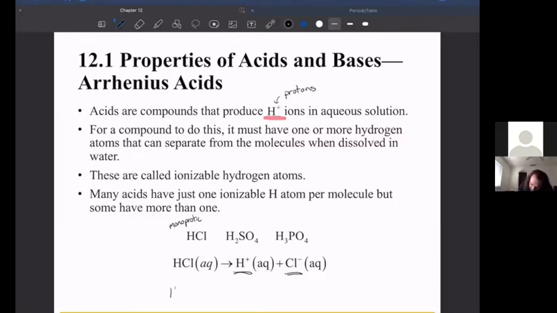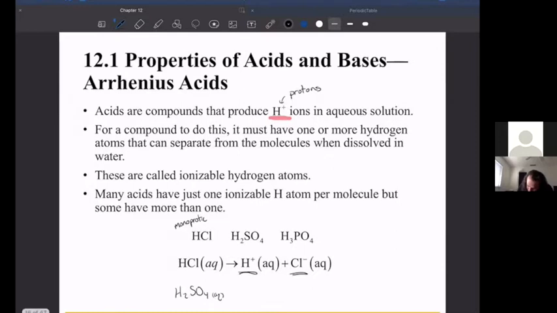Sulfuric acid, H2SO4, also has donatable protons. It actually has two, so it would release two protons, right? So this is what we would call a diprotic acid. And then phosphoric acid has three hydrogens, so it's a triprotic acid.